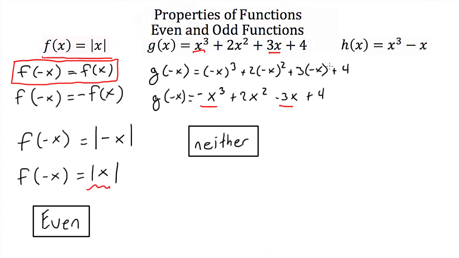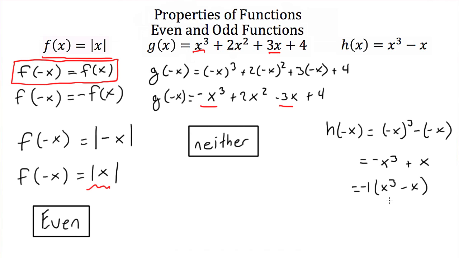Now let's look at our last function, h of x. That's equal to x cubed minus x, so if I plug in negative x here, h of negative x is equal to negative x cubed minus negative x. This will simplify into negative x cubed plus x. Now if I factor a negative 1 out of here, this will be negative 1 times x cubed minus x.